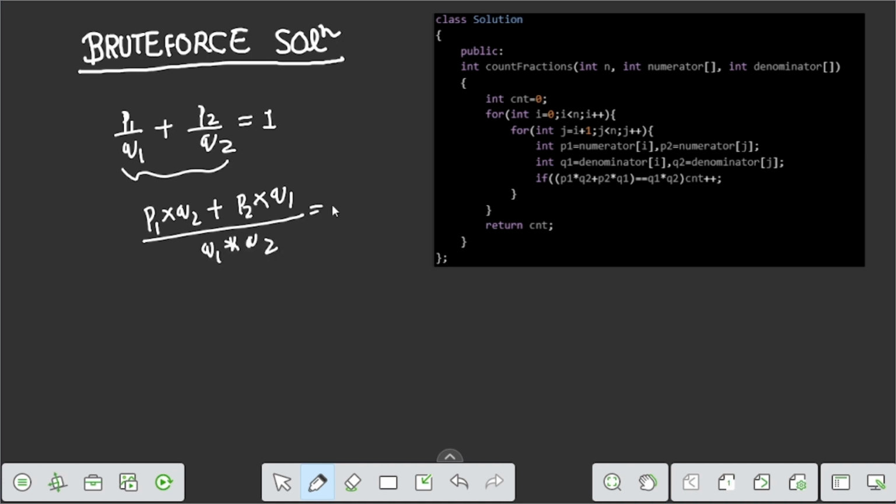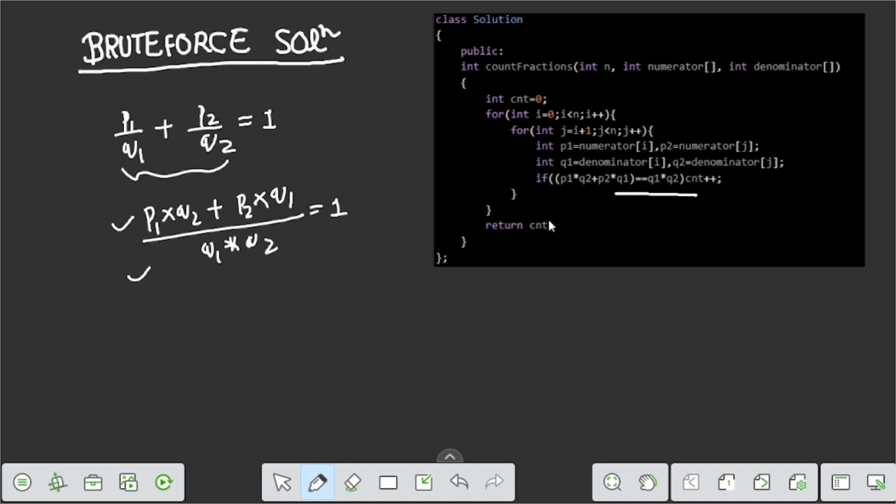This sum equals 1 if numerator equals denominator. So if p1 into q2 plus p2 into q1 equals q1 into q2, then simply count plus plus.